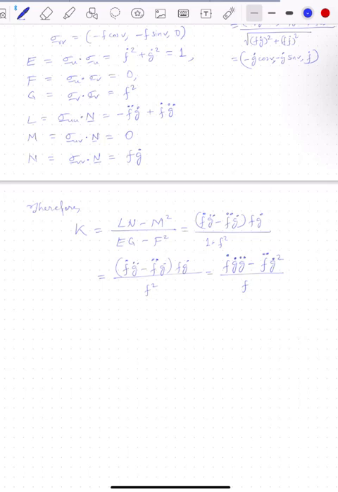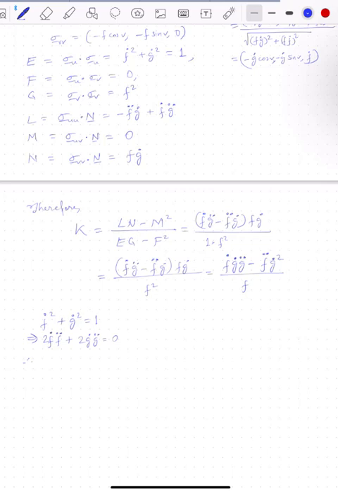Right? So this is, and from our expression that f dot square plus g dot square is equal to 1, we can have f dot f double dot. This implies that 2 f dot f double dot plus 2 g dot g double dot is equal to 0.